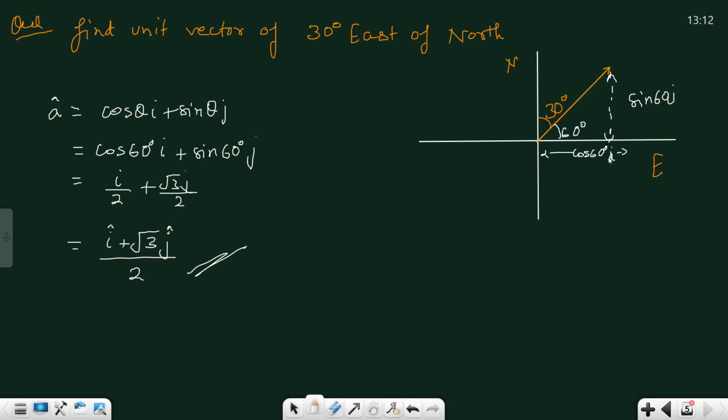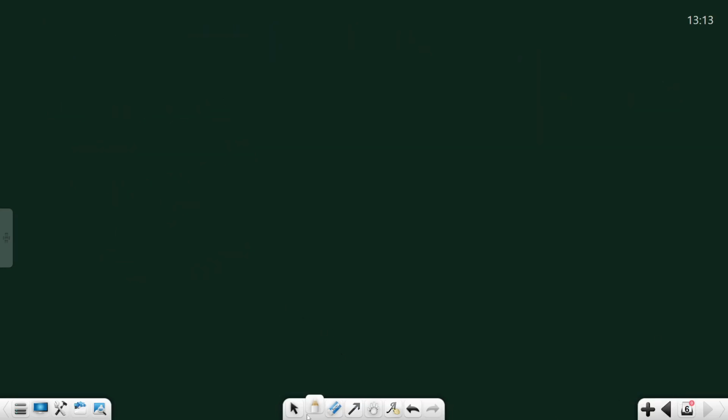Clear? Have you noted this solution? Is anyone missing anything? Can we move to the next slide?